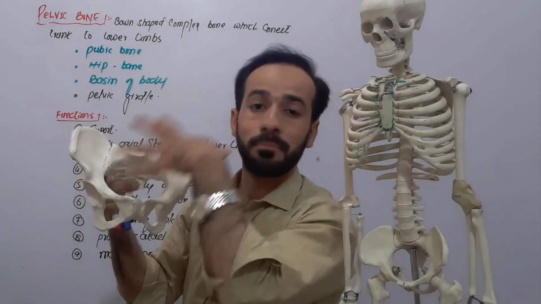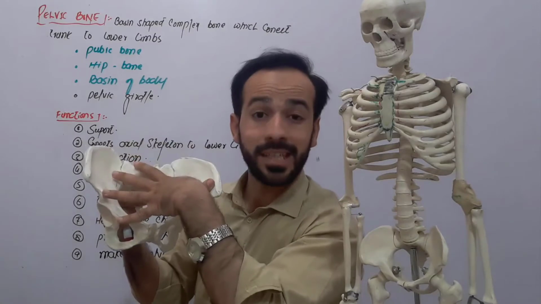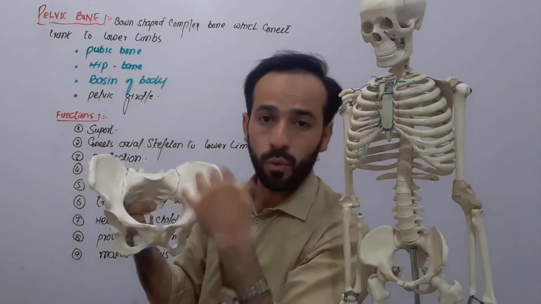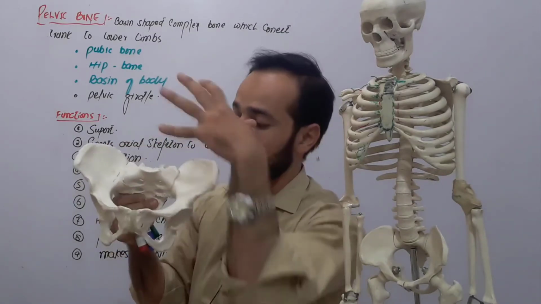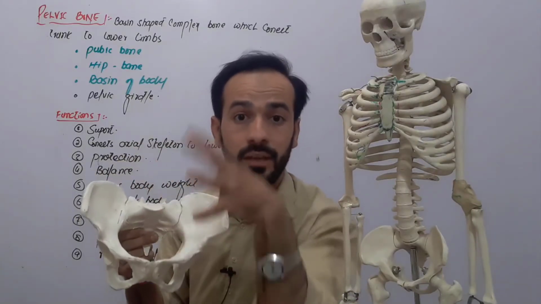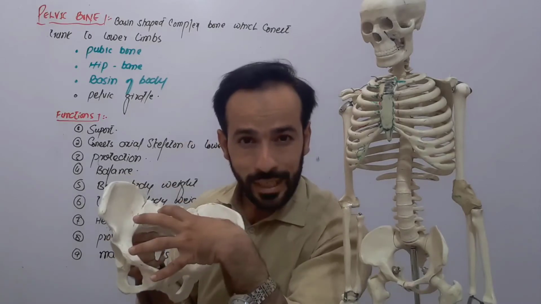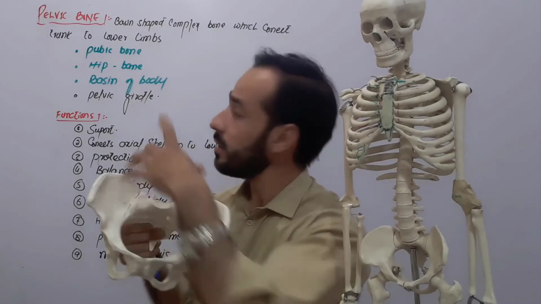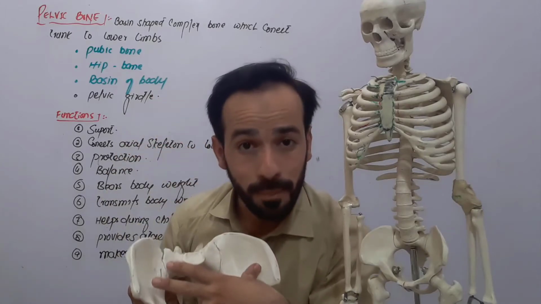This cavity is called the pelvis of the body, or the pelvic cavity. So these pelvic bones are responsible to make the pelvis of your body, or your pelvic cavity, in which different important viscera of your body are located. So pelvic bone is responsible to make the pelvis.